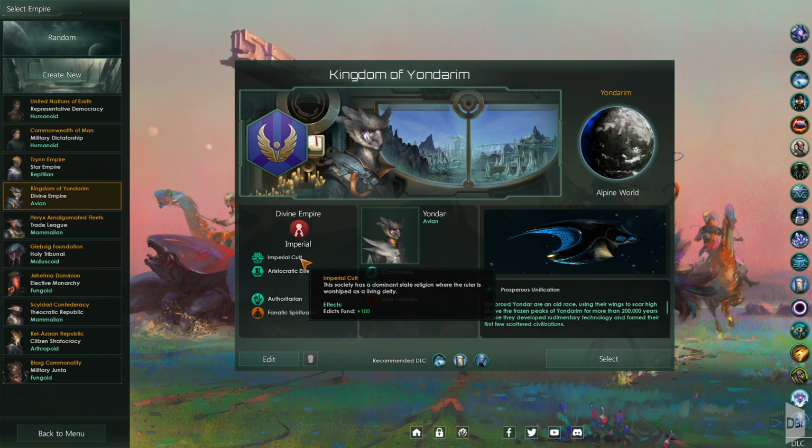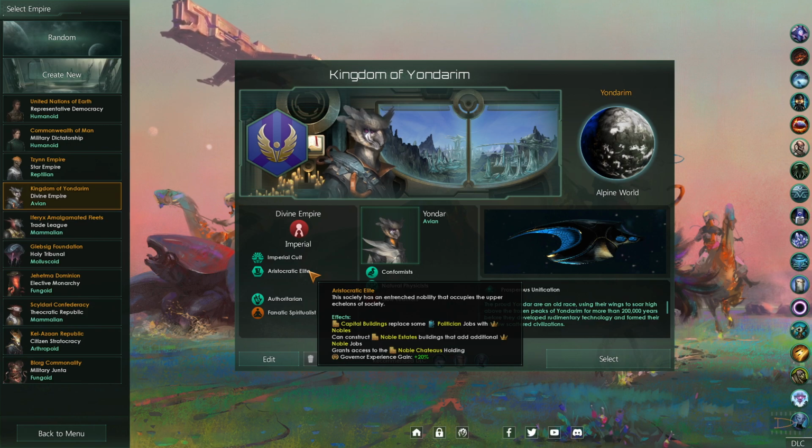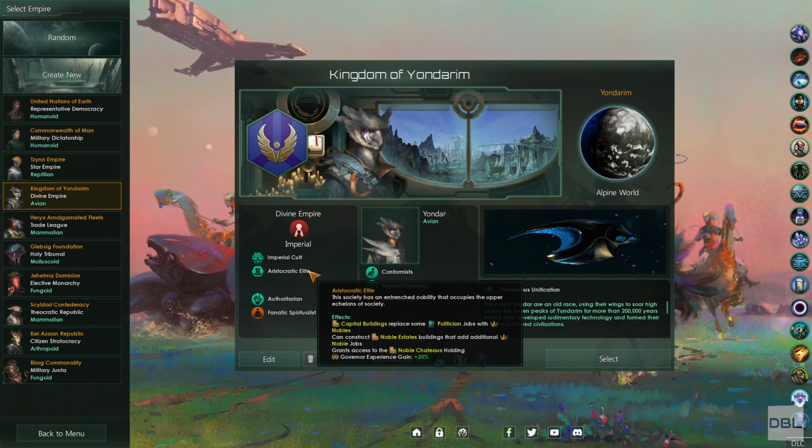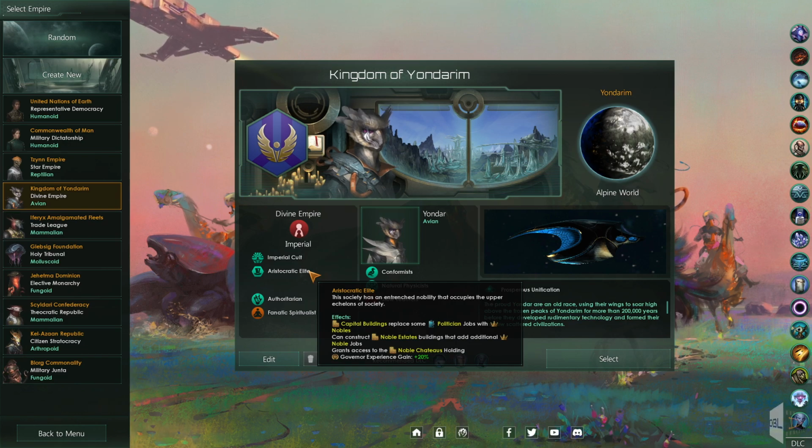Imperial cult. The society has a dominant state religion where the ruler is worshipped as a living deity. Edict funds plus 100. Game came out in 98. Okay, so I would have been like a junior in high school. Wait. Yeah. I graduated high school in 99. Aristocratic elite.